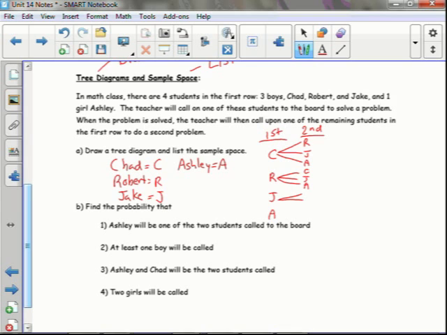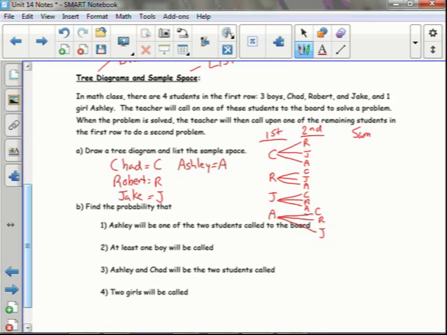If she called Jake first, she could call Chad, Robert, or Ashley. If she called Ashley, I should have given myself a little more space, she could call Chad, Robert, or Jake. Okay, that's your tree diagram.